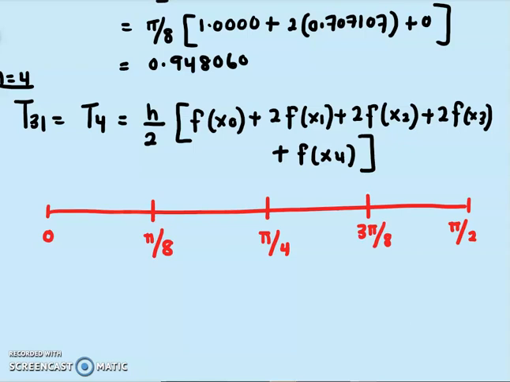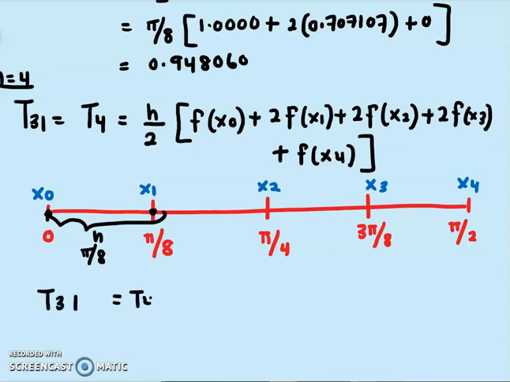Okay, so remember, it's very easy if you can sketch it. So this is my x0, x1, x2, x3, and x4. Now my h is from 0 to here. This is my h, which is pi over 8.